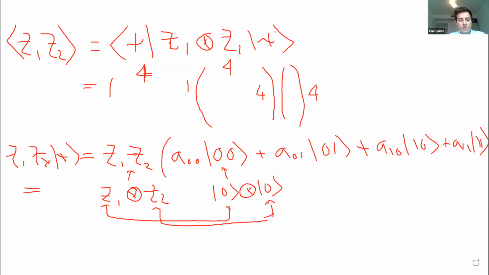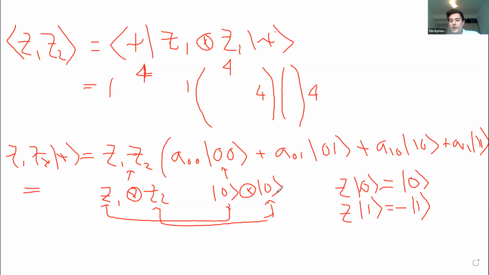Alice's operator gets applied to Alice's state, and Bob's operator gets applied to Bob's state. And we know how Z works. What Z does is put a minus sign on the state if the state is 1. That's our definition of Z.